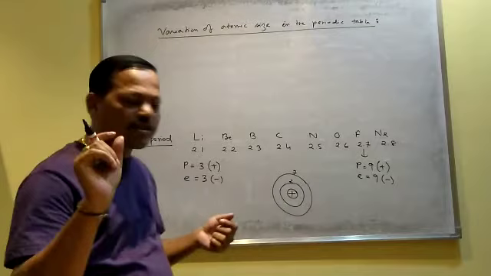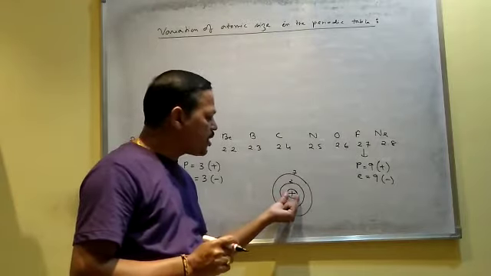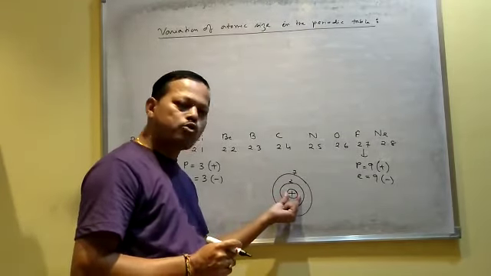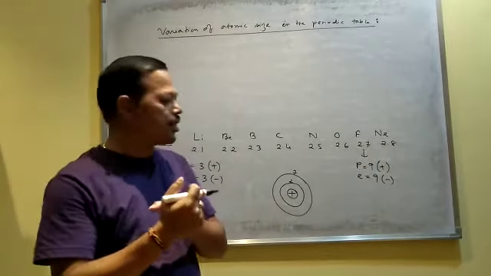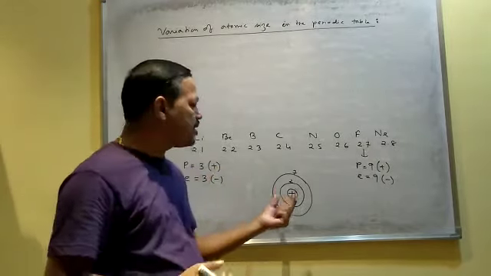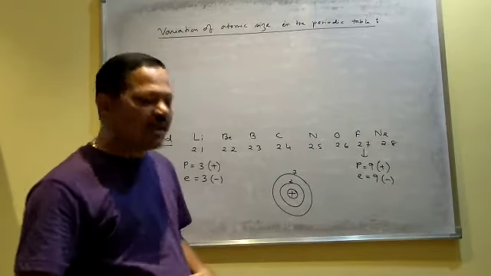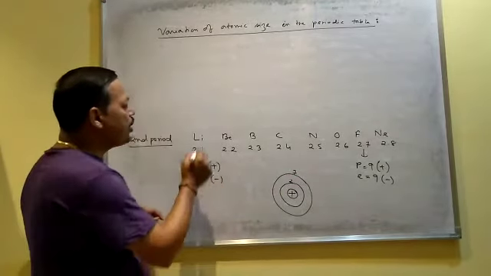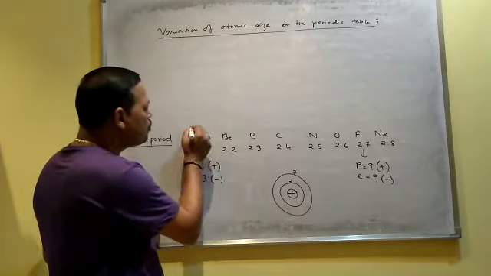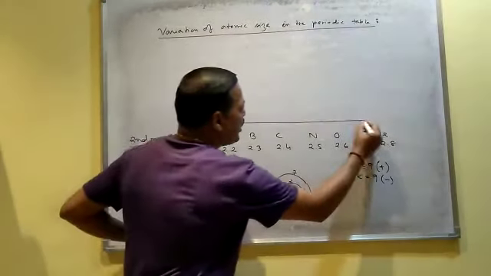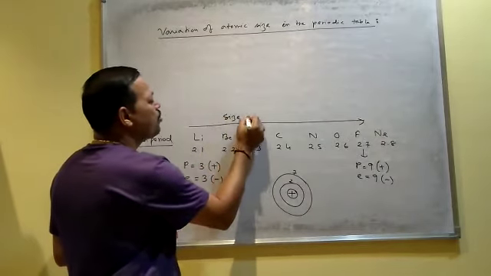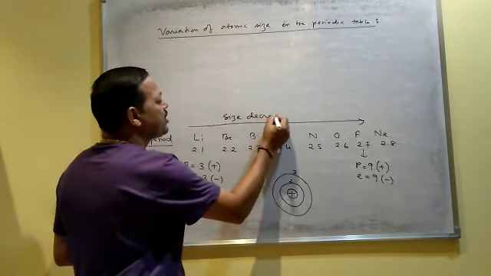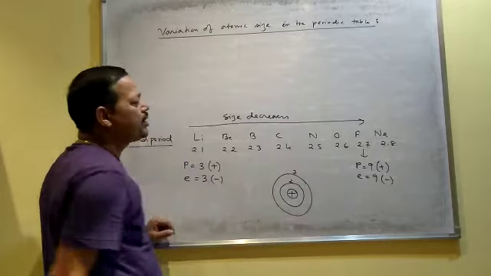Actually, whether the force of attraction is more or less depends on the number of protons. If the number of protons is more, the force of attraction will be more. Protons attract the electrons, that is why as the proton number increases, the force of attraction also increases. And that is why when you move from left to right in a period, the size of the atom always goes on decreasing.